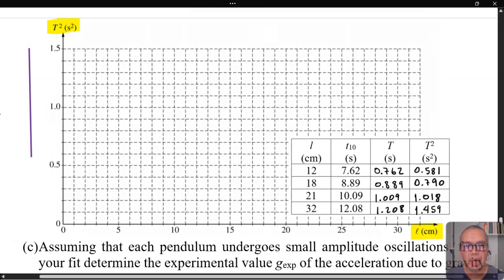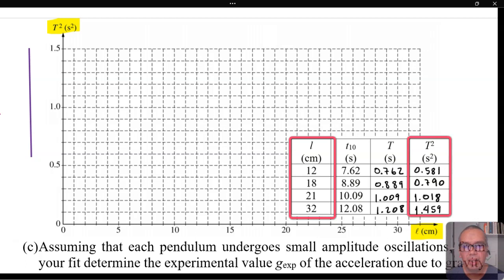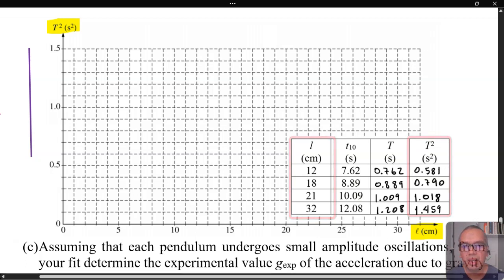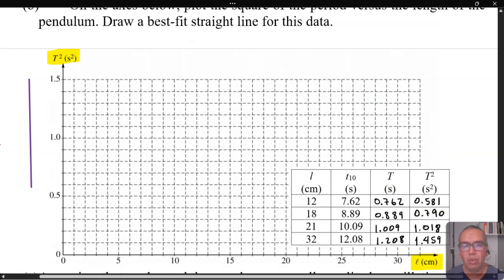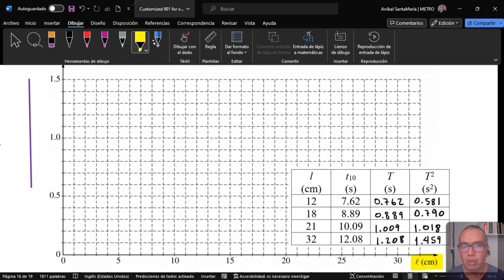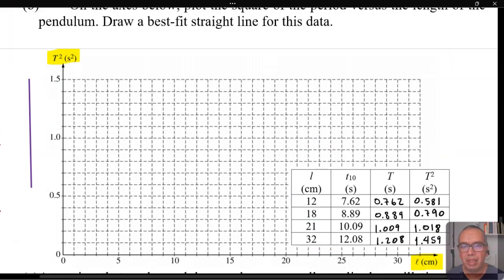So they are asking you to use the first and fourth columns of the table, of which we have a copy here. Now, the assumption here is that you are going to get a straight line. We should be able to corroborate that by placing the dots and actually just looking at it.